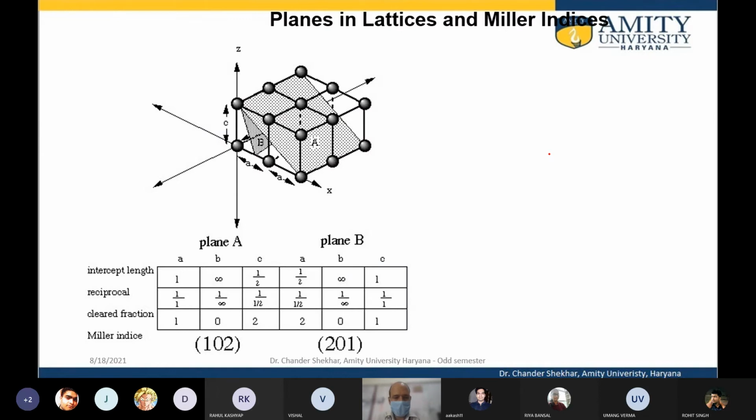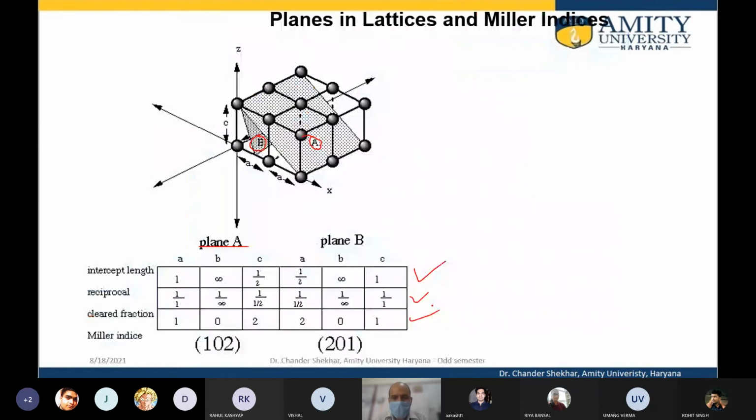Okay, so some other example. There is this plane A, then we have plane B. We can get the Miller indices by following these 3 steps: take the intercept, take the reciprocal, clear the fraction, and get the Miller indices. And then from the Miller indices we should be able to draw the planes.